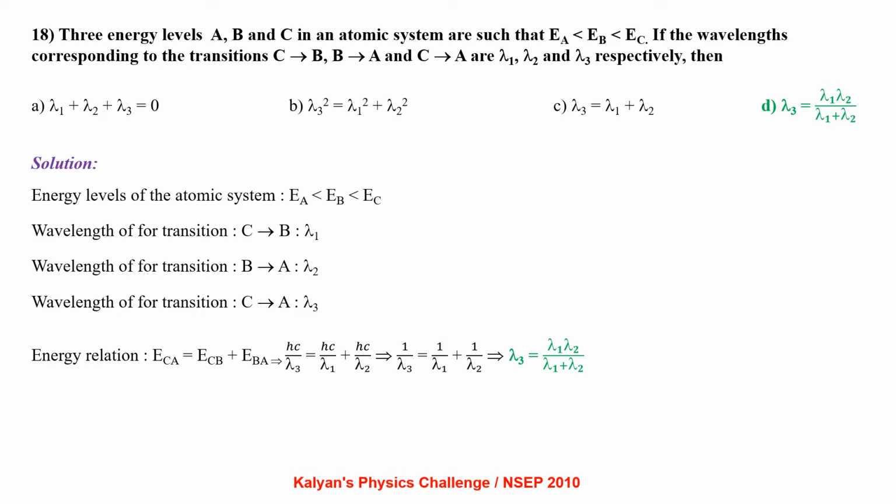Wavelength for the transition C to B is lambda 1, B to A is lambda 2 and C to A is lambda 3. The energy relation is ECA equal to ECB plus EBA. That is hc by lambda 3 equal to hc by lambda 1 plus hc by lambda 2. That gives us lambda 3 equal to lambda 1 lambda 2 by (lambda 1 plus lambda 2).